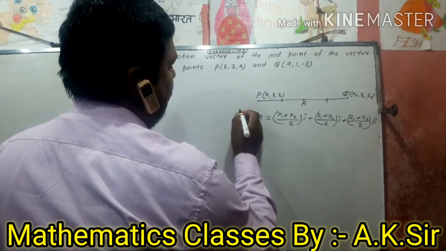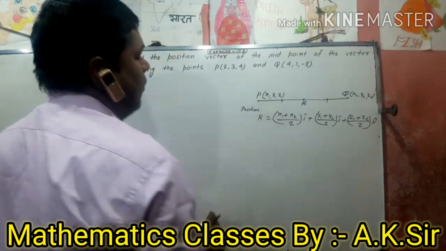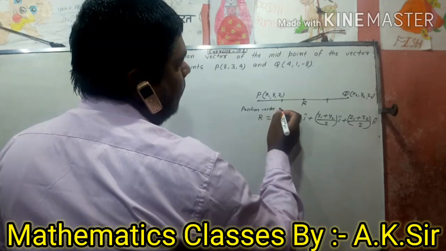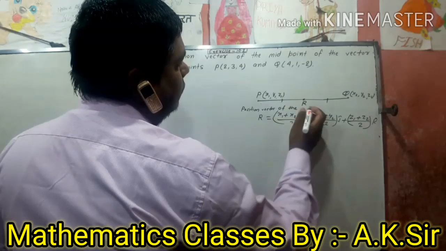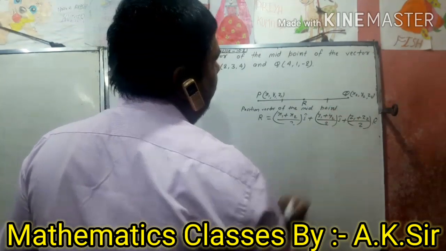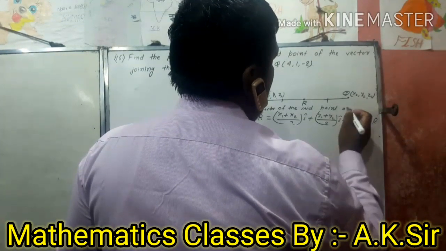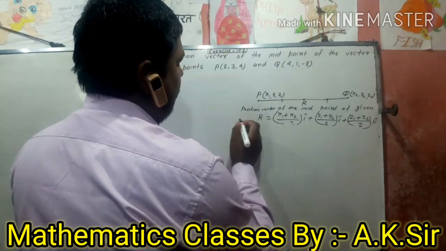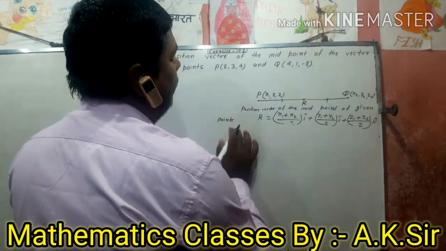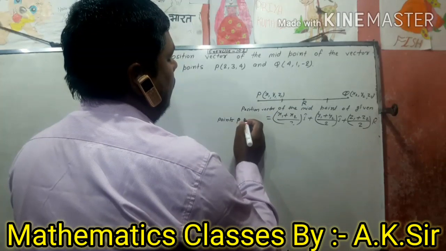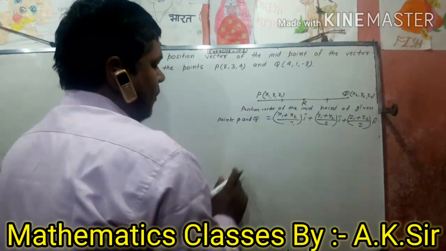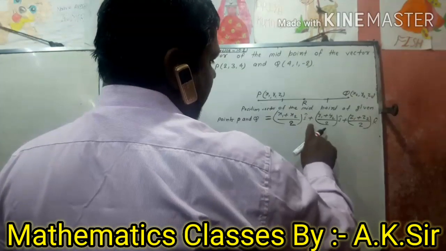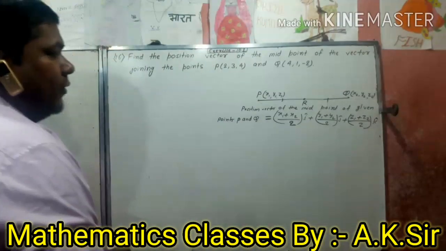Here the position vector of R, the position vector of the midpoint of the given points P and Q, is equal to (x1 plus x2)/2 i cap plus (y1 plus y2)/2 j cap plus (z1 plus z2)/2 k cap.